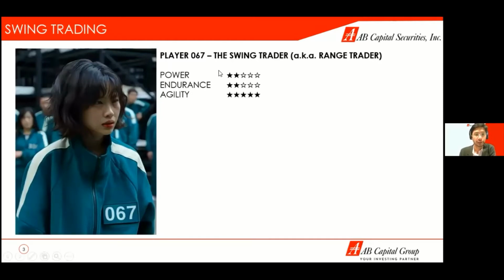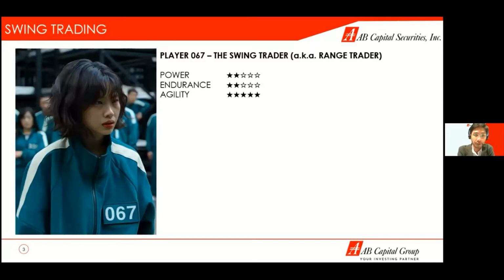You will see here that I put in something like video game style statistics for power, endurance, and agility. By power, I'm referring to the financial capacity of the person, the trading amount that the person uses.